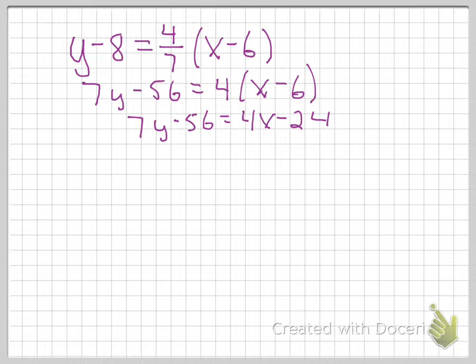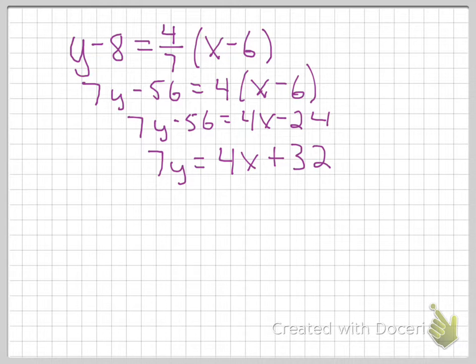Okay, if we add 56 to both sides, we'll get that 7y is equal to 4x plus 32.